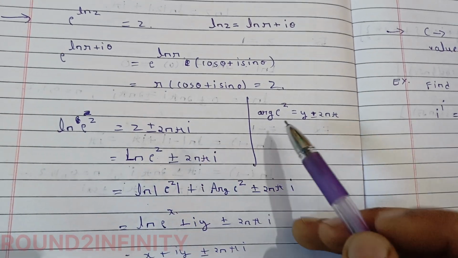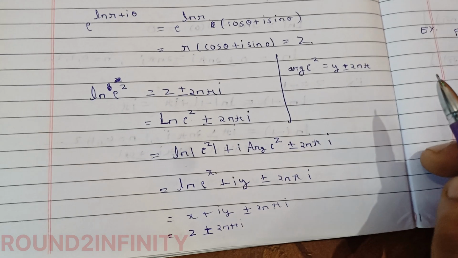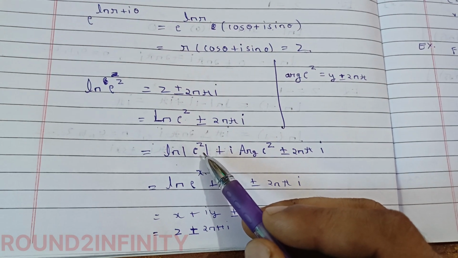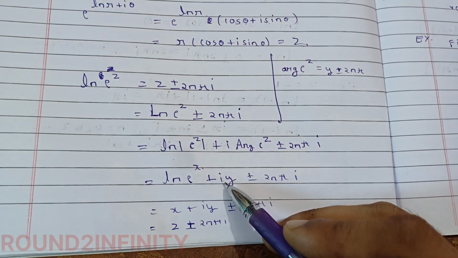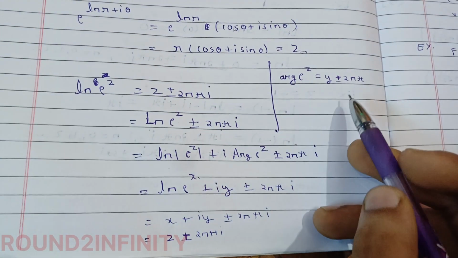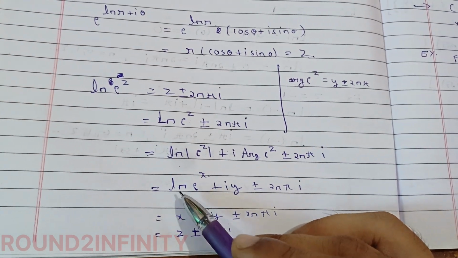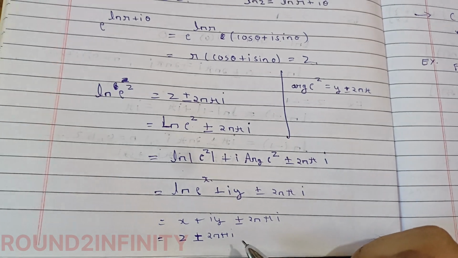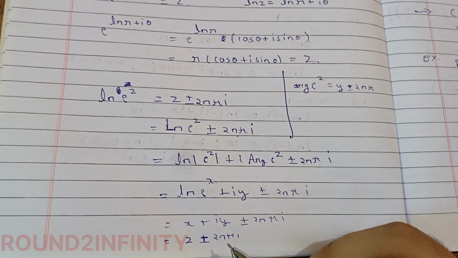The argument of exponential z is y plus minus 2n pi, as we proved in the previous lecture, and the mod of exponential z is exponential x, the real part. So for n equal to 0, you get the argument as y, and this is your principal value. Now log of exponential x is nothing but x, so the principal value is x plus iy, which is z, plus minus 2n pi iota. So this is the same as the result, and that's how you can prove it. Remember this result, very important.